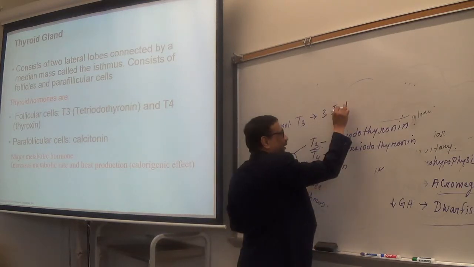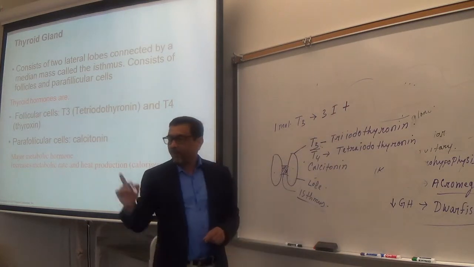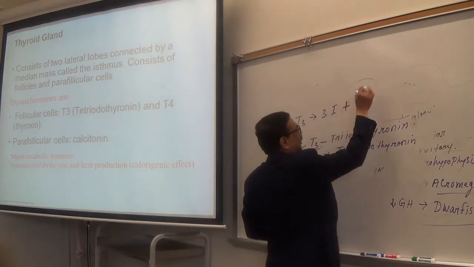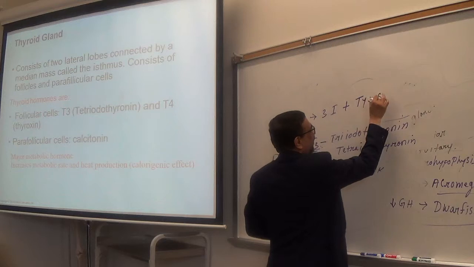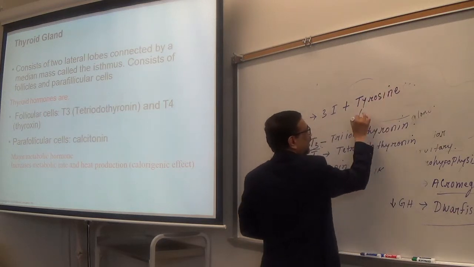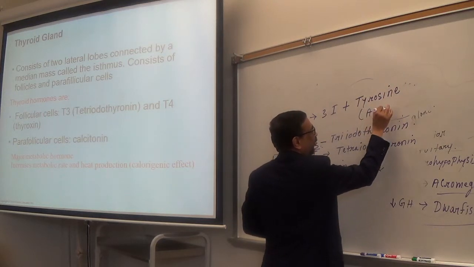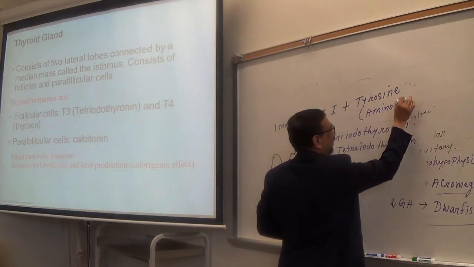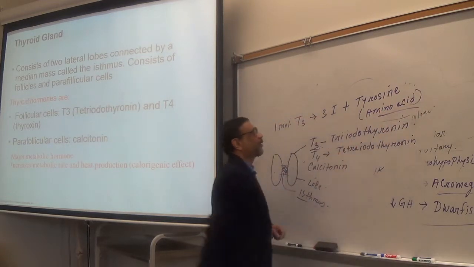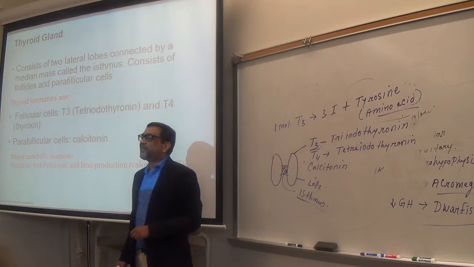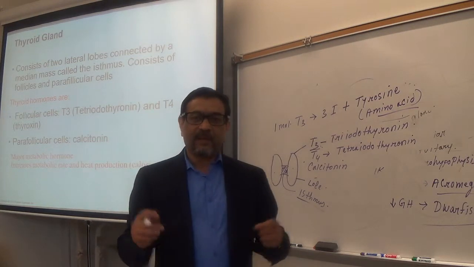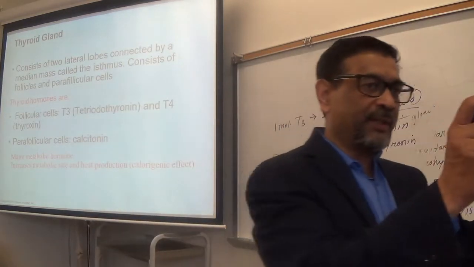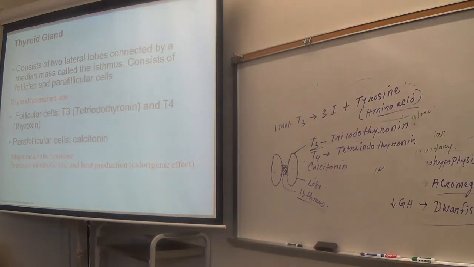And 3 iodine atoms bind with the amino acid that is called tyrosine. Just know that tyrosine is an amino acid. So that's how T3 is produced. 3 iodine atoms bind with the amino acid called what?